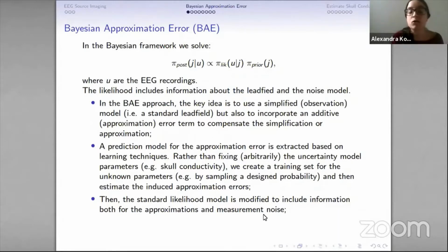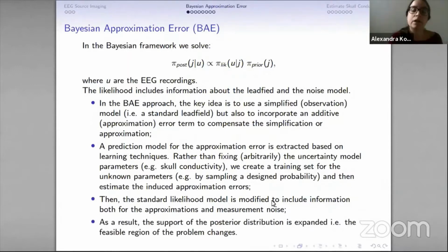And hopefully, if the training set is good and includes good information, then when you do real experiments, when you go to a patient, you hope that the characteristics or the unknown parameters that the patient has are somehow included in this training set.